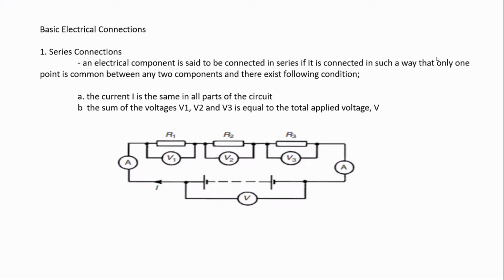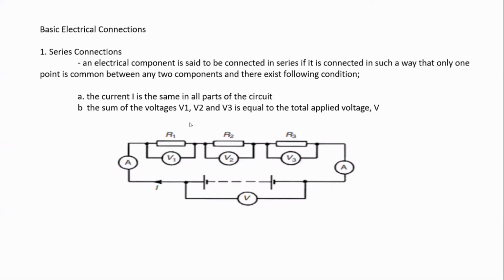Sometimes it is miscalled, a misuse of words, a wrong use of words. Sometimes the loads are said to be in series. For example, when we operate switches and turn on two or three lamps together, we think they are already in series. Actually, most of the connections that we normally see are parallel.